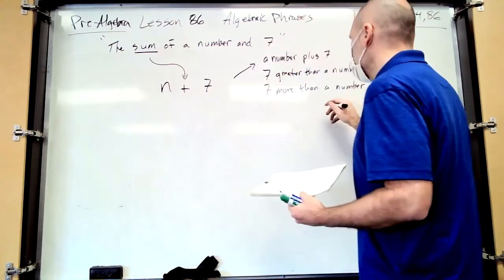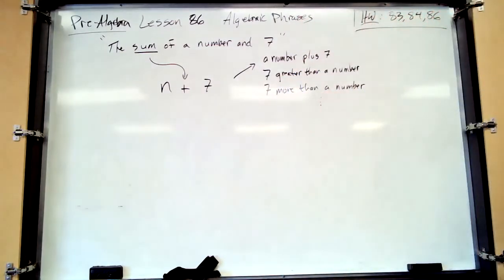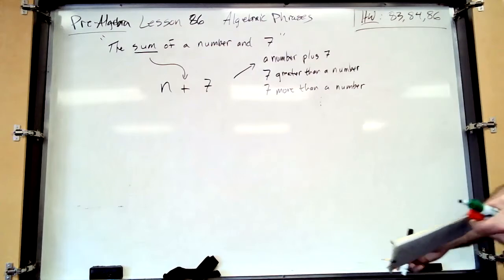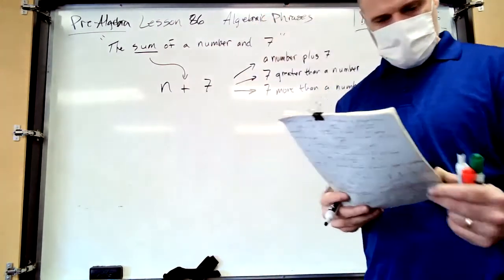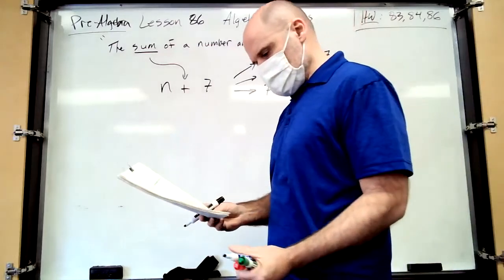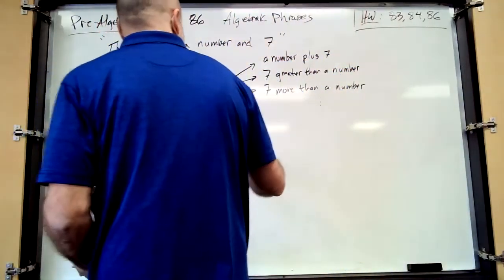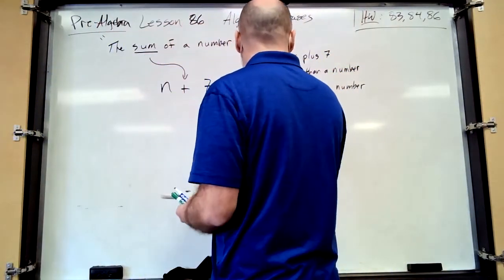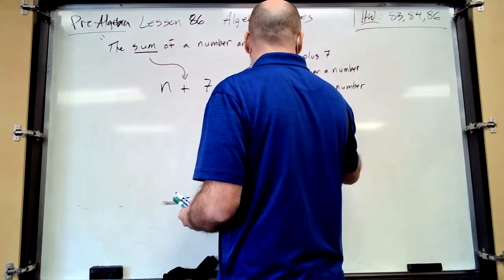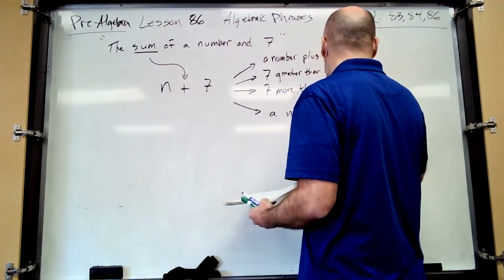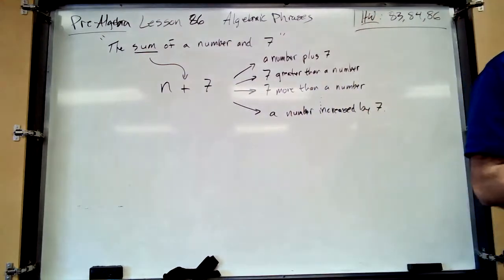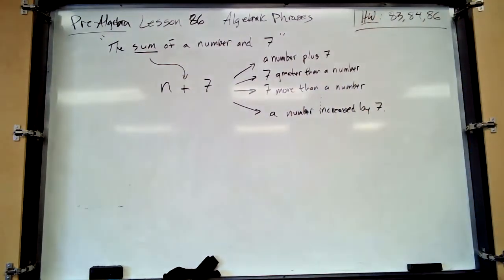There's a lot of different ways you could say n plus 7 in English. You could also say a number increased by 7, right? To increase a number by 7, you're just adding 7. So far, so good?